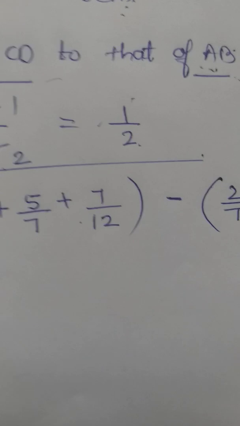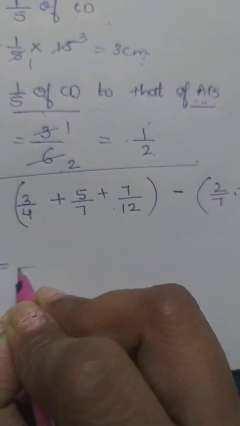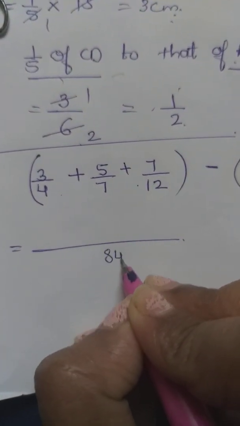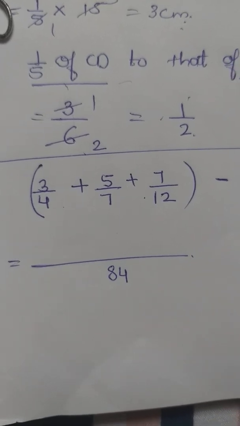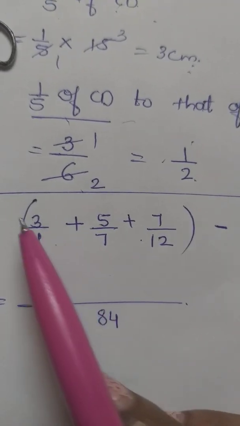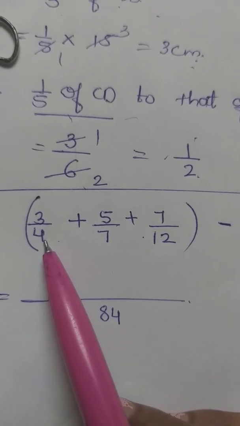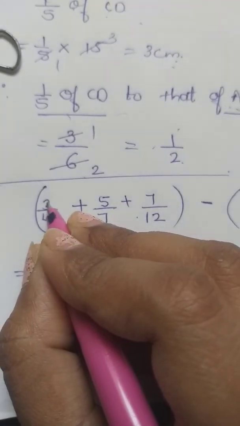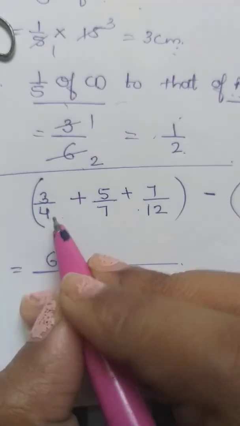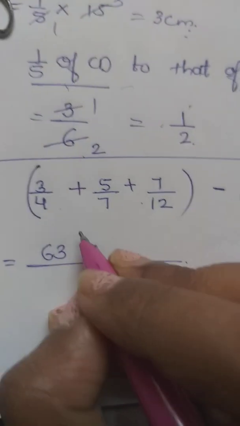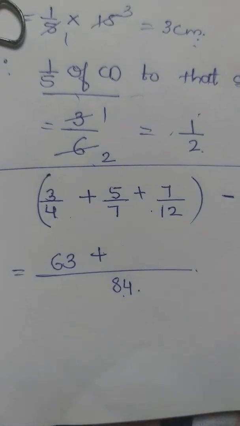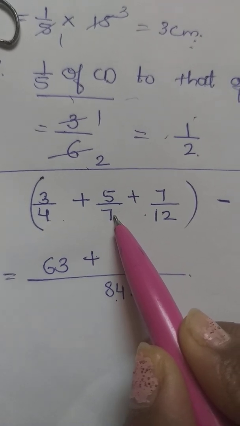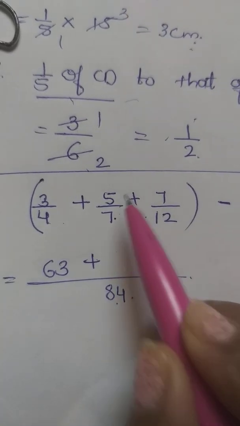Now we'll solve this first, making the denominator the same. 84 is the LCM. 3/4 multiplied by 21 will get 84. So we write 3 into 21, that is 63. 4 into 21, that is 84. Plus 5 into 12, 60, over 7 into 12, 84.